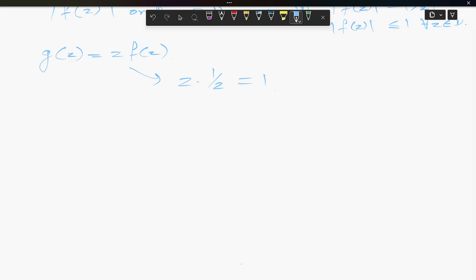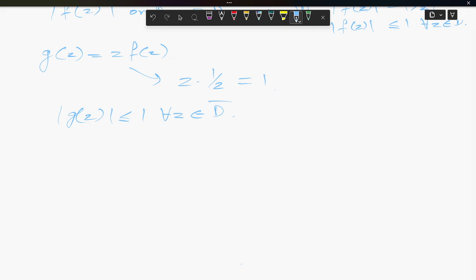By the maximum modulus principle, mod of g z attains its maximum on del D, where mod of g z is equal to 1. Thus mod of g z is less than or equal to 1 for all z belonging to D bar.